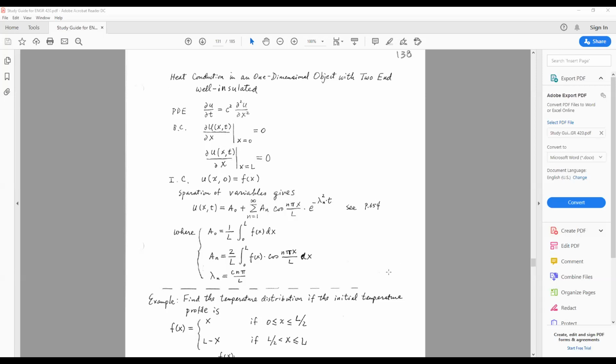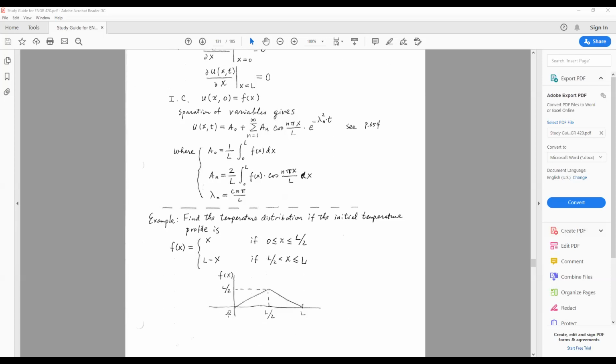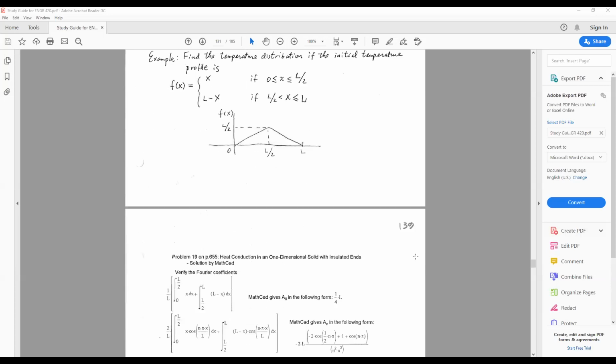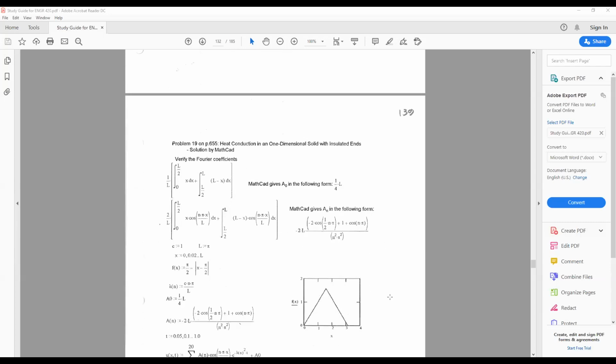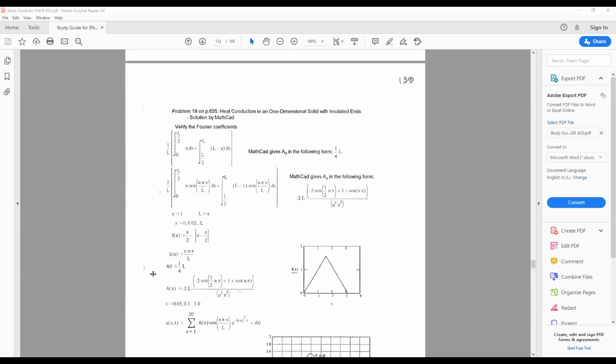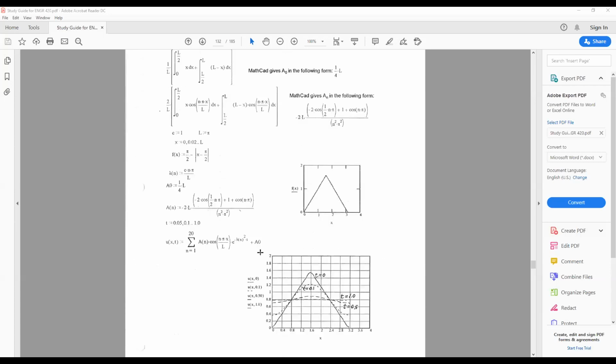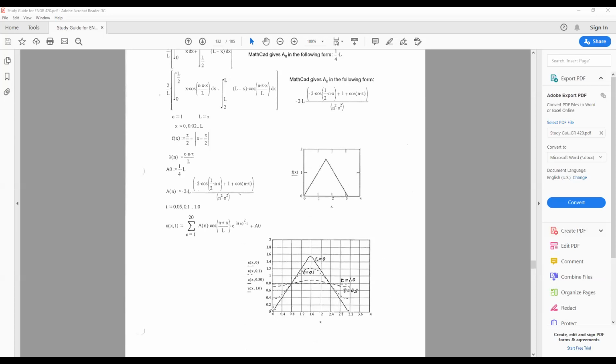I already sketched it. This is the general solution. This is the Fourier cosine coefficients. And if we have this initial temperature distribution like this, again, I get the Fourier coefficients like this, and then this is the temperature distribution over time.